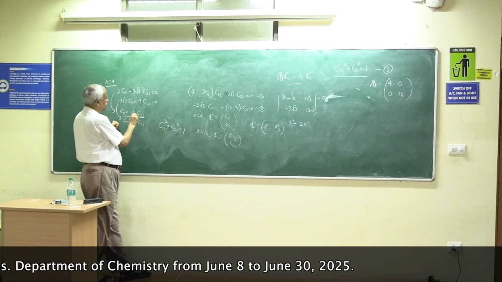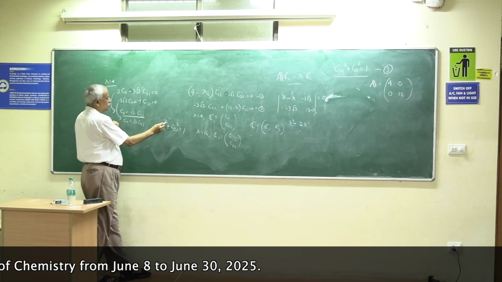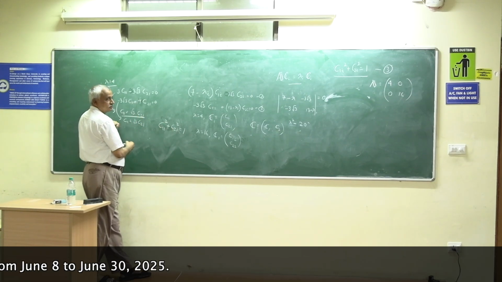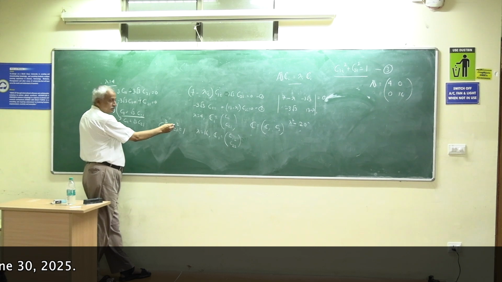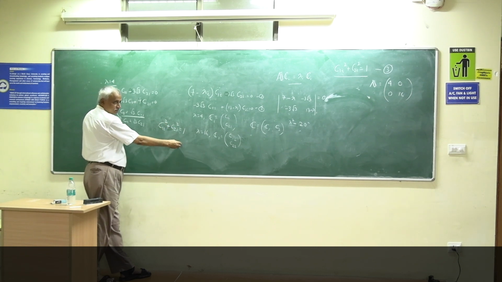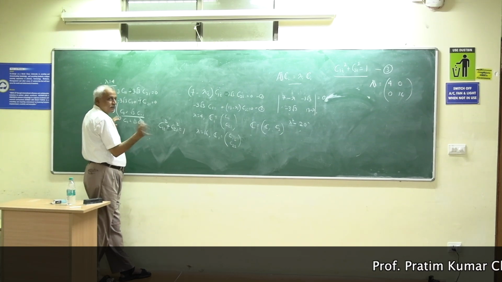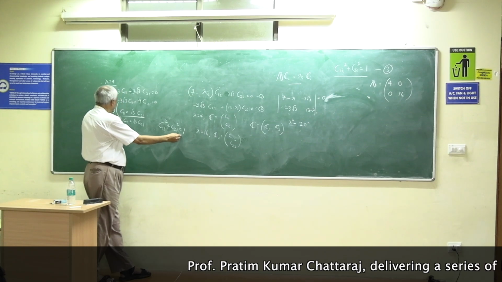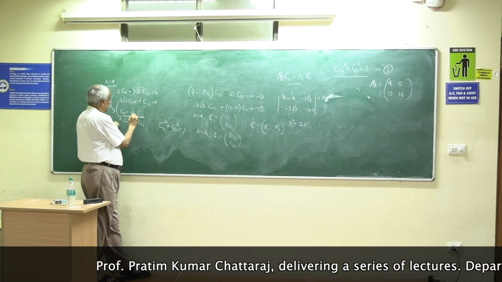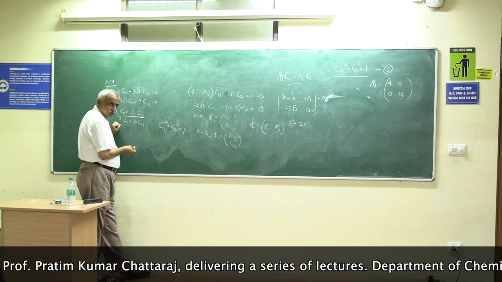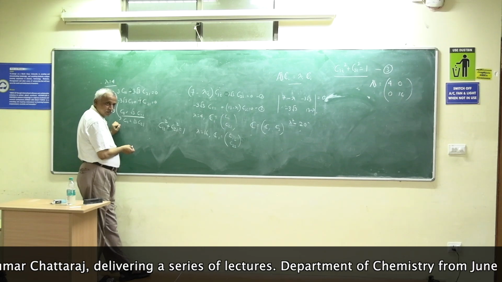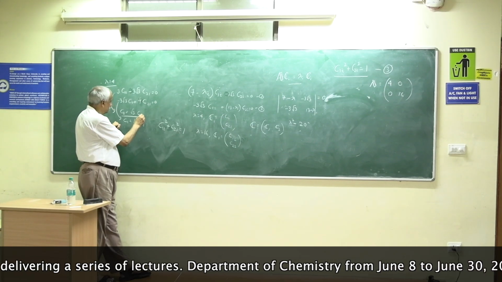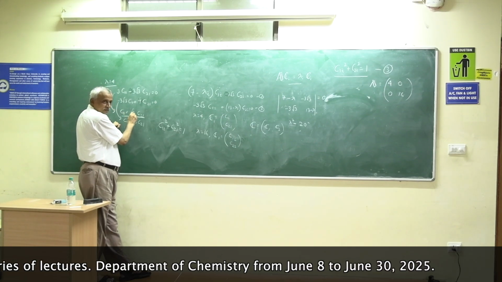So what do you get? 3 C21 square plus C21 square, so 4 C21 square. C21 square is 1/4. So that means C21 is plus minus half, you take just half. If C21 is half, C11 is root 3 by 2.